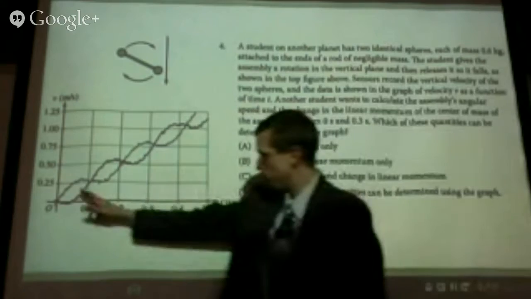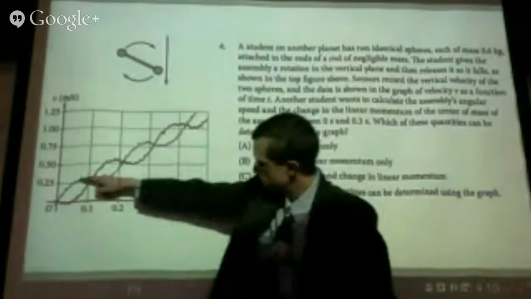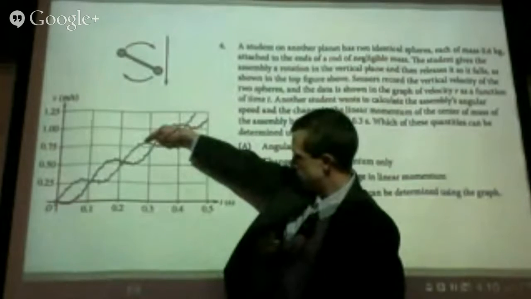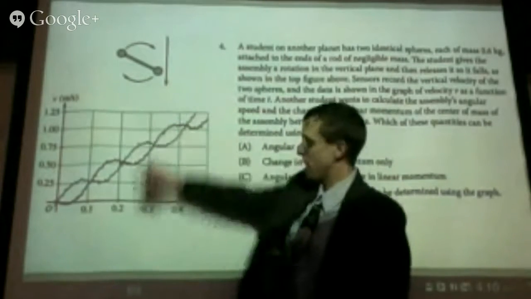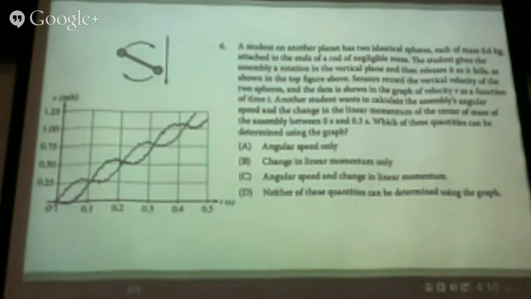In between those 2 points, it took, well, this is at about 0.8 seconds, and then moving upward, and then moving downward here, about 2.8 seconds there. So that's one complete revolution in about 2 seconds.